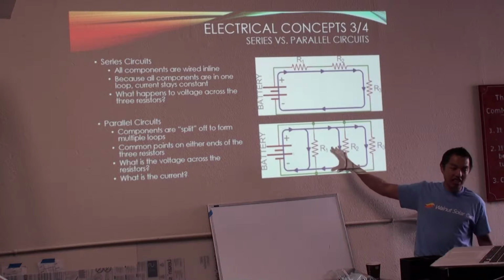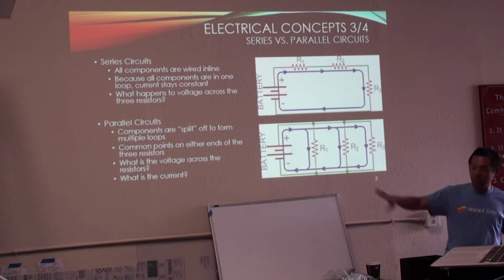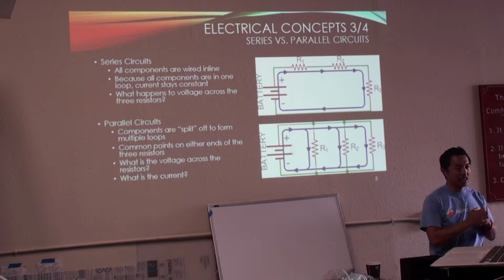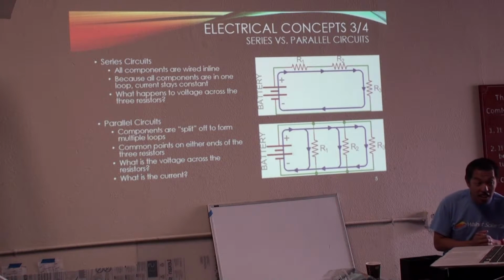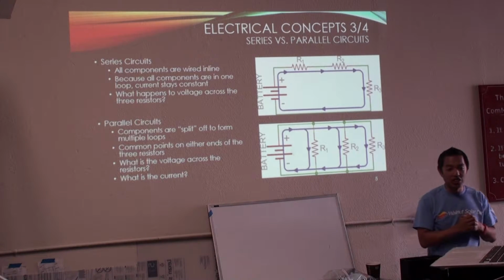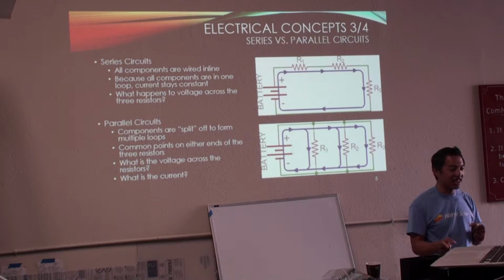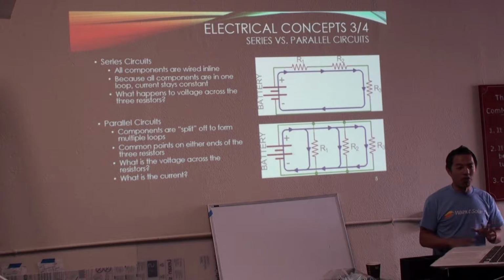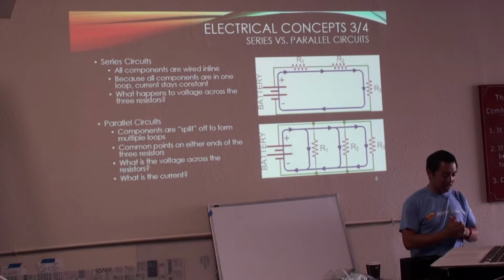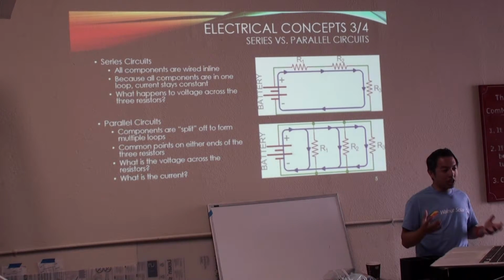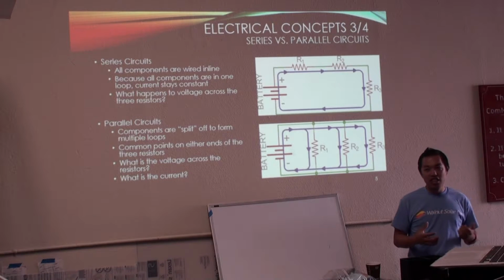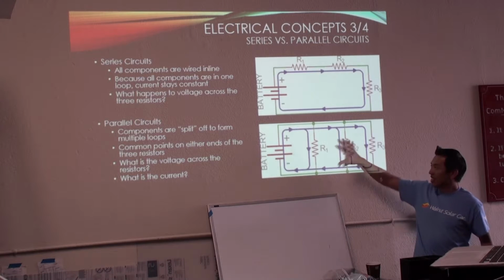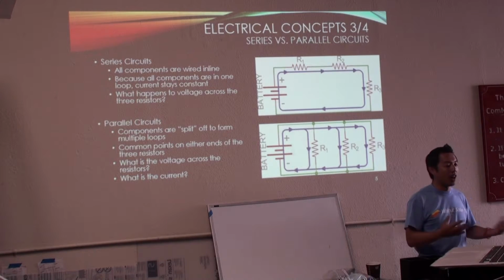In this case, what happens to the current that the battery is providing? It increases. It stays the same. The battery's going to provide, and this is a good electrical component, whatever the load, the stuff that's connected to it, requires.